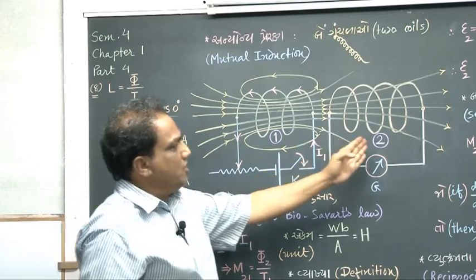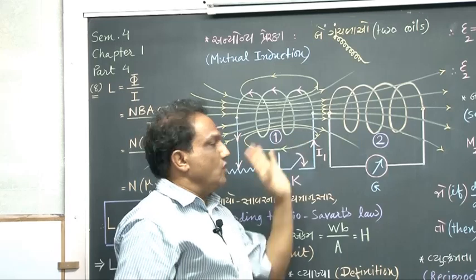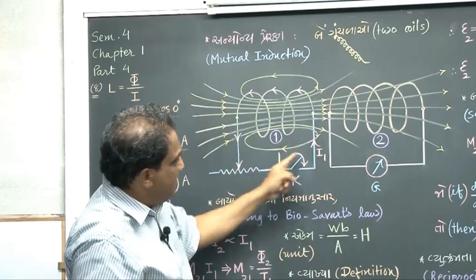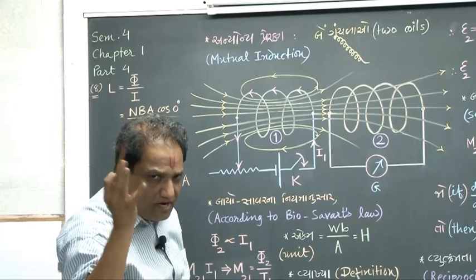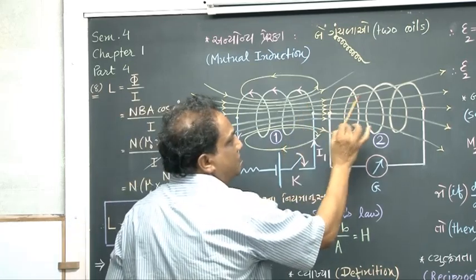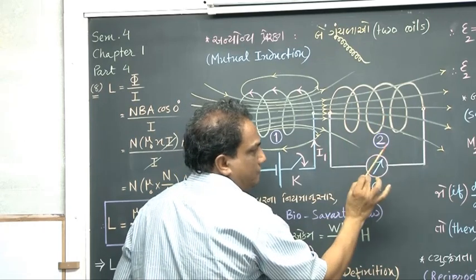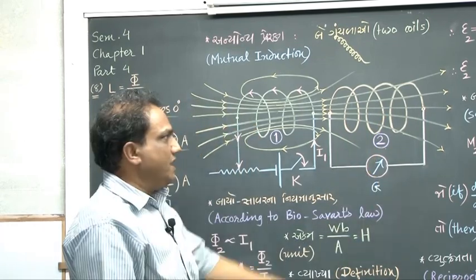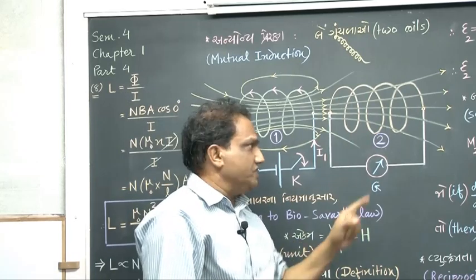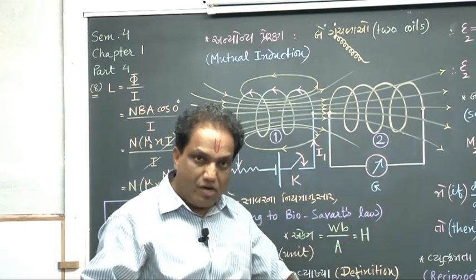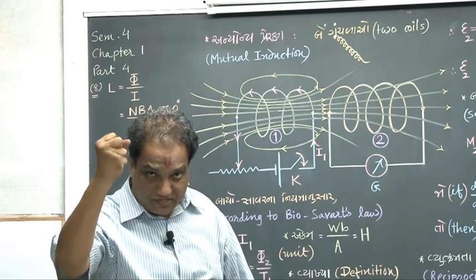But because coil number 2 is very close to coil number 1, out of this many field lines, some field lines are passing through second coil also. And because of that, you can say now second coil has got some magnetic flux.